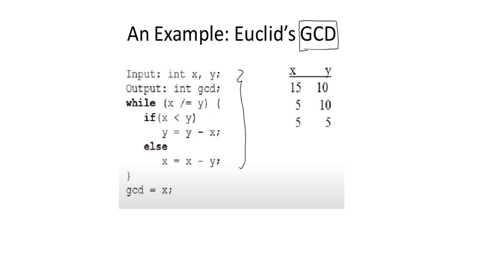The algorithm has inputs x and y, which could be integer type, and the output is a GCD, which will also be an integer. First it checks whether x is equal to y. If x is not equal to y, it goes into the while loop, otherwise you directly get the GCD.